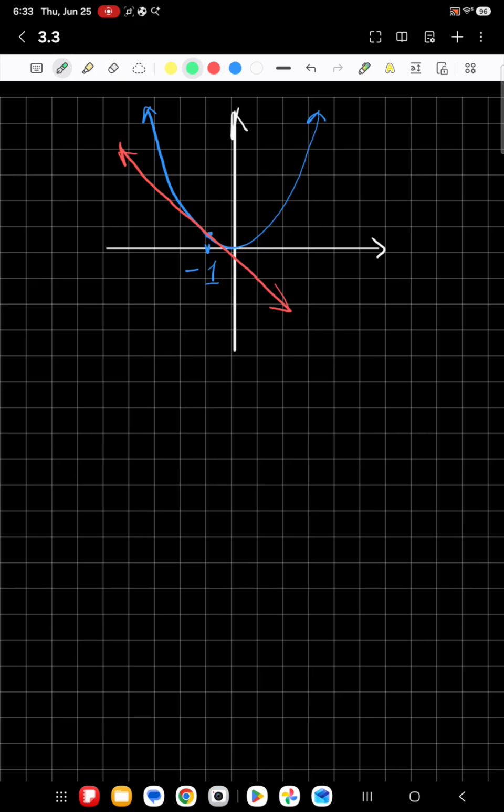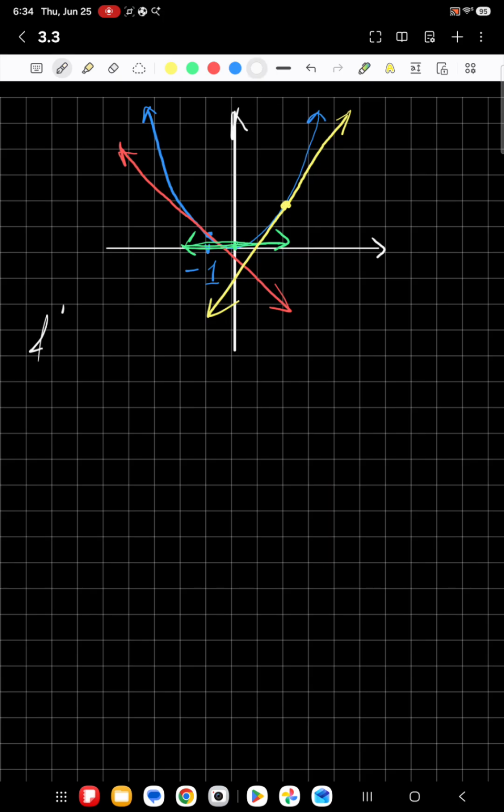And then at 0, hope you guys can see what that slope will be. Okay, and then the last point was 2. So let's make it yellow. So 2 will be here, and the tangent line, something like this. Okay, so let's try to figure it out.